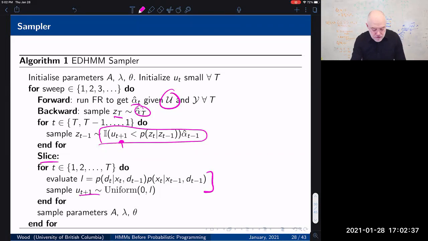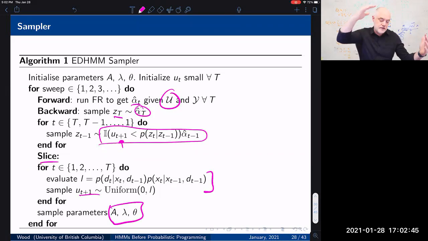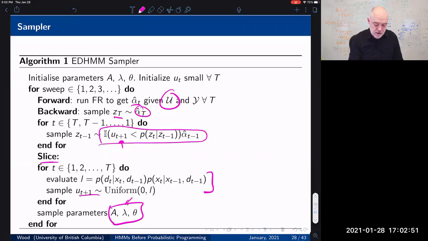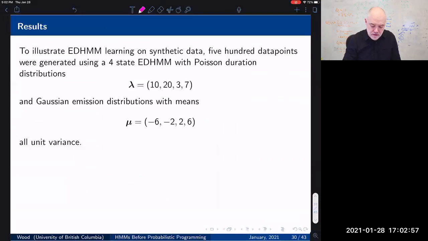And if you're doing a Bayesian EDHMM, once you have the states and the slice variables, you can sample, using whatever your favorite sampler is, the parameters of your transition distribution, the duration distribution, and the likelihood distributions. And you can do posterior predictive inference, and so on and so forth.